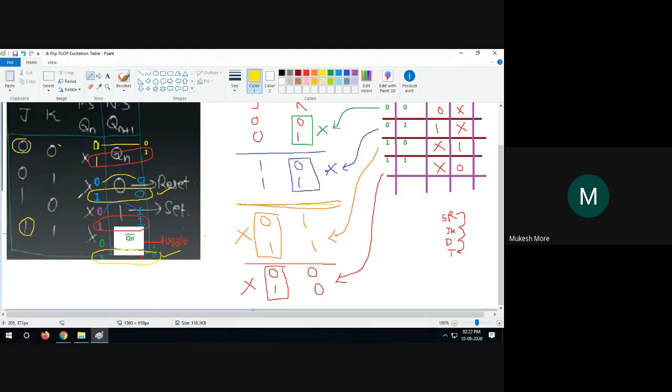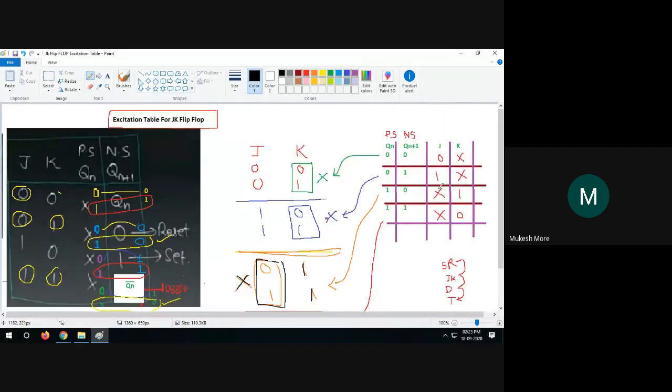Okay. J is equal to 0, K is equal to 1. Okay. Now in this case, take this example. J having two values, that is a don't care. So in this case J is a don't care and K has the value 1. Okay. So in this case you can use J equal to don't care and K equal to 1.